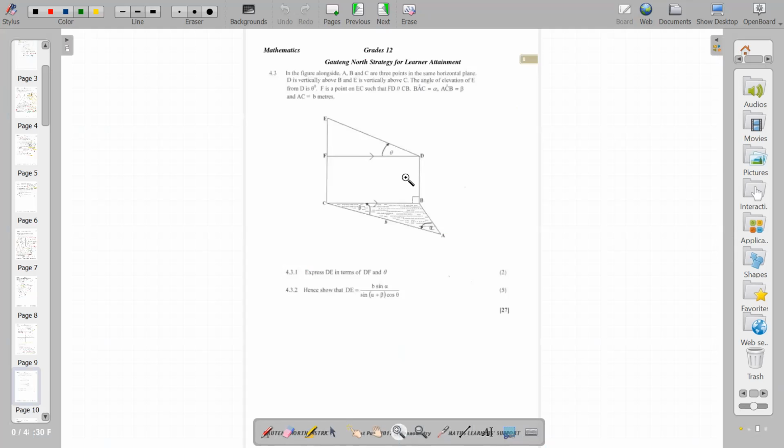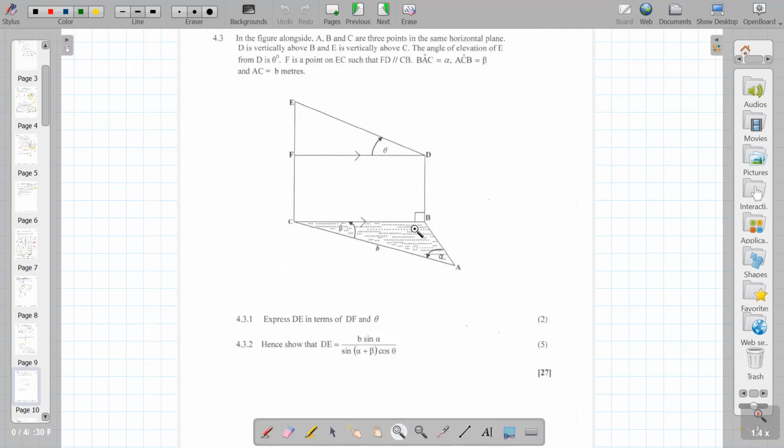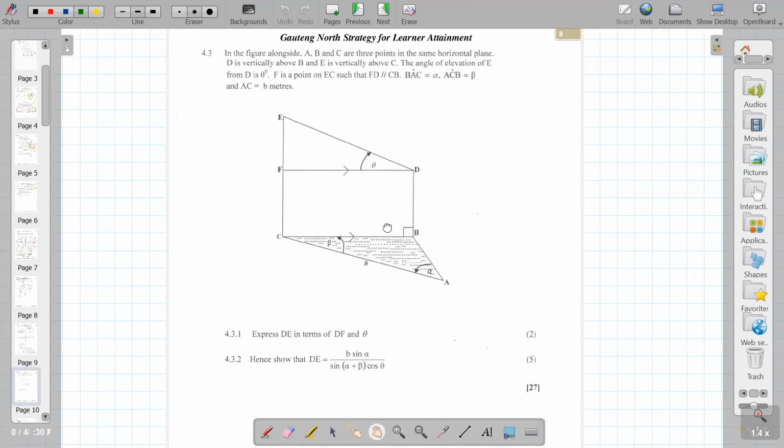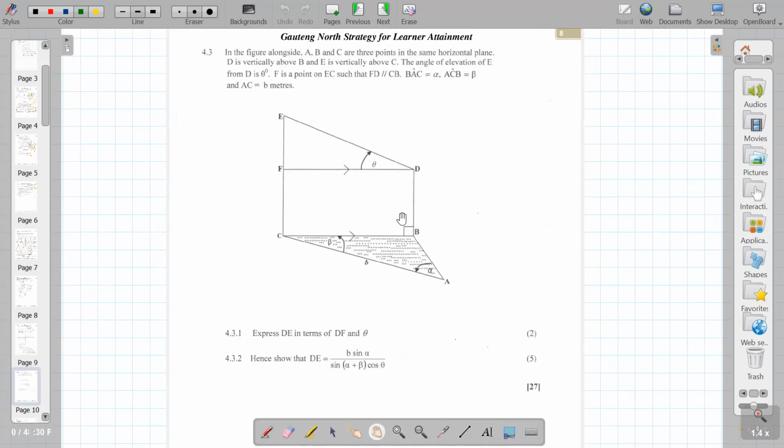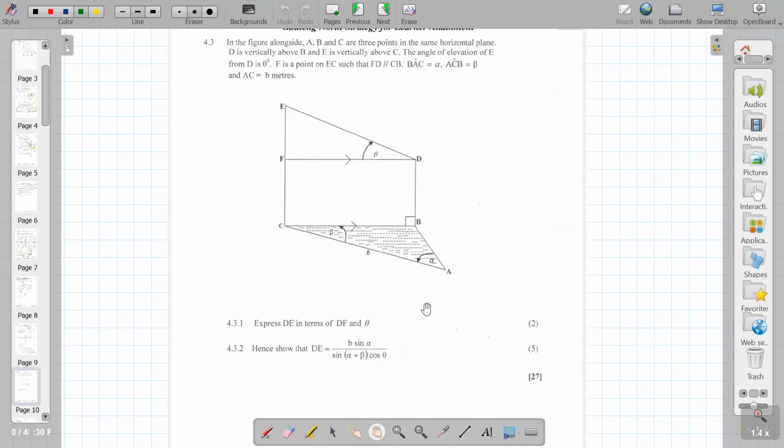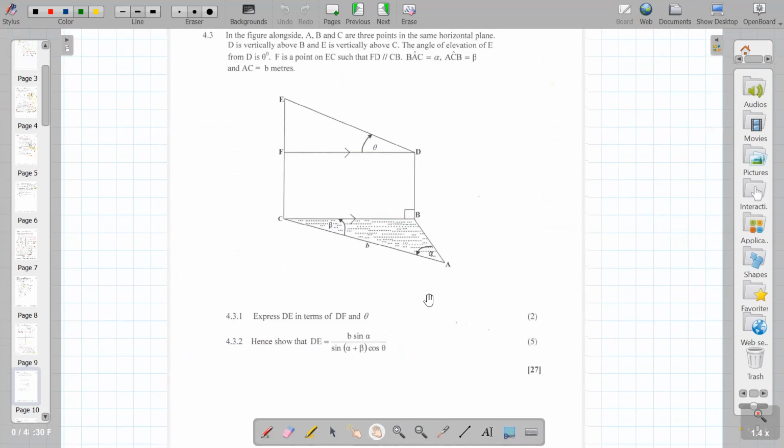Okay. So this question is kind of a 3D shape. We can say the lengths and distances look like they are all given. BC is b meters. So that's b, that's alpha, beta, theta. All those angles are there. So DE in terms of DF and theta, where theta is one angle.